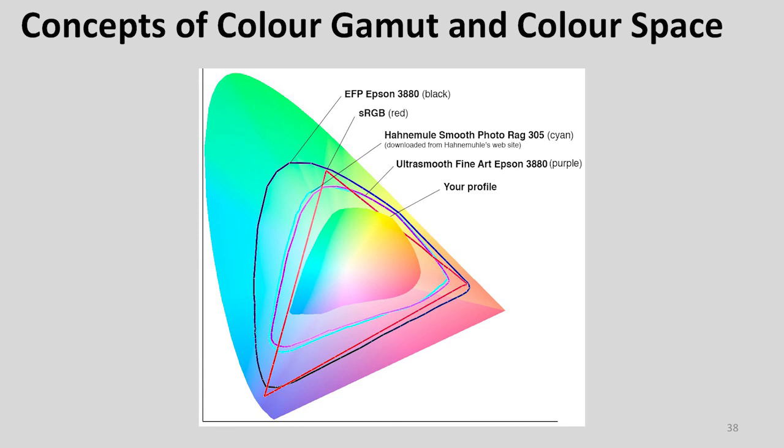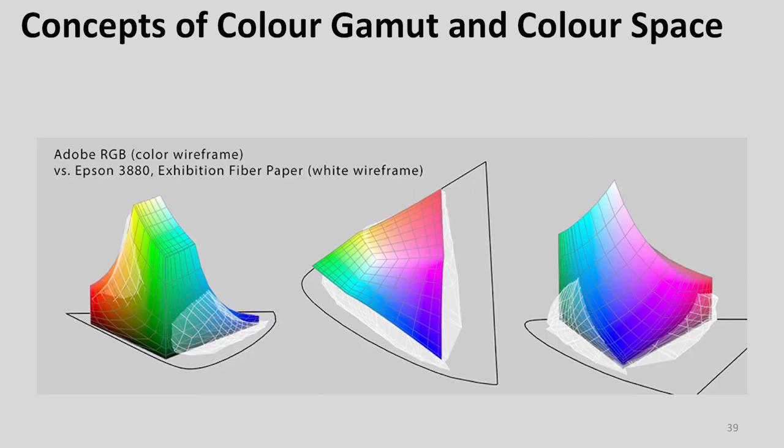So when you look at this slide, you can begin to understand the correlation between color gamut and output. You need to know what the color gamut of the output printing device has, and then define the output color space accordingly.